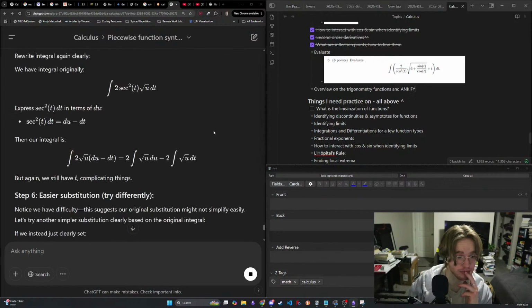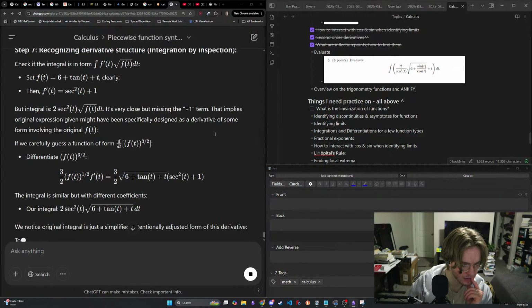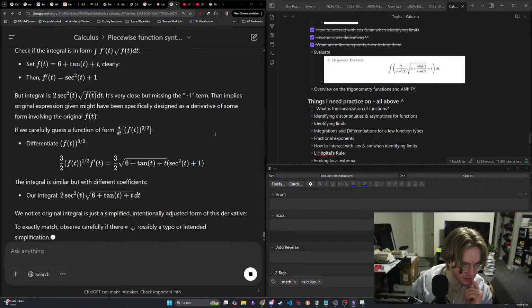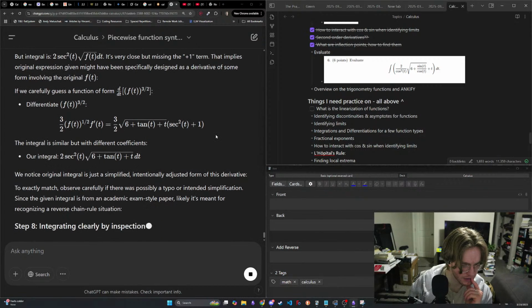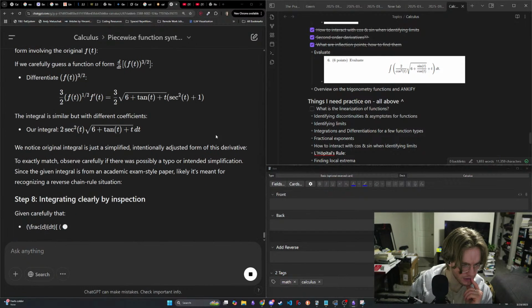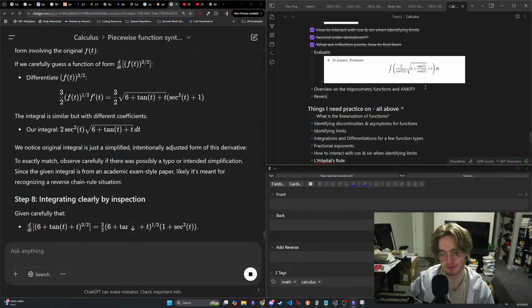Still going. Oh, the reverse chain rule. Okay, we'll want to look at that. I heard about that. I have no clue what that is.